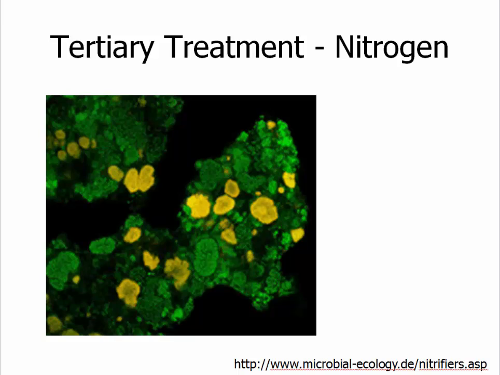This is a pretty fancy microscope picture that was obtained using fluorescent microscopy, and I'm showing this to you because I want to emphasize here you have NOB population, and here you have AOB populations. So nitrification requires a diverse microbial population.